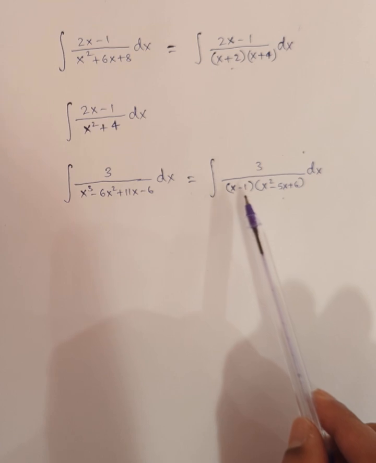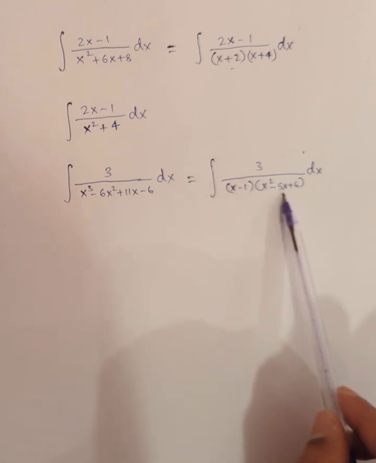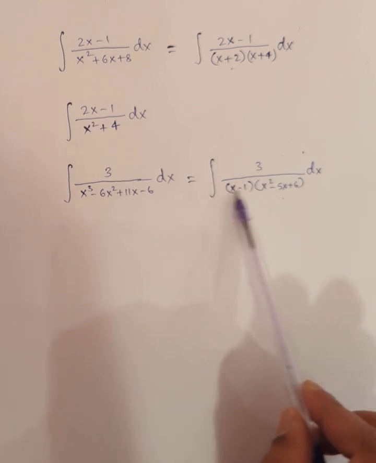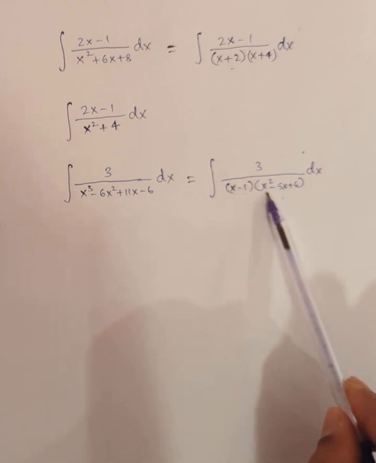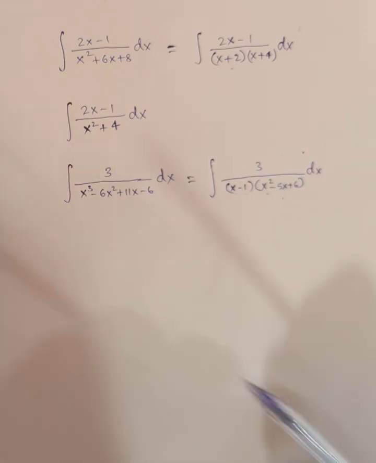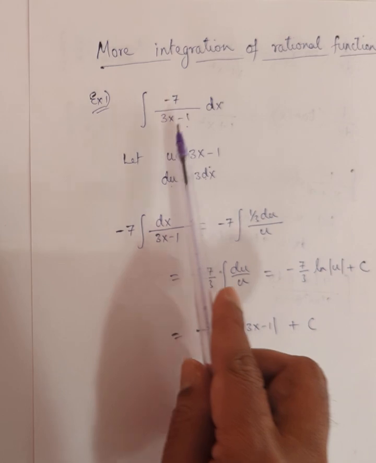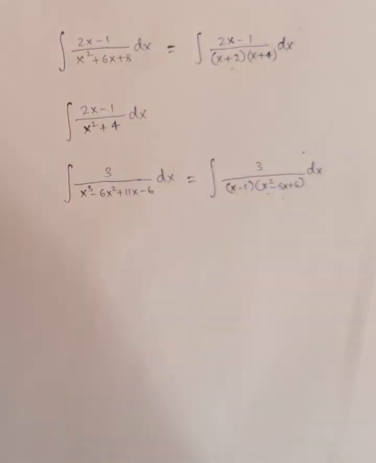In any case, you can always split this into partial fractions. One denominator would have x minus 1 and the other denominator would have x squared minus 5x plus 6. So that's the idea. If your denominator is a linear polynomial, u substitution will work.